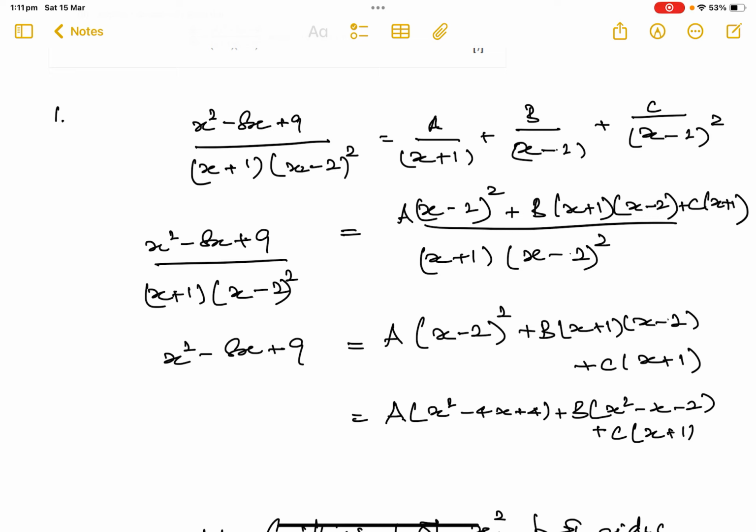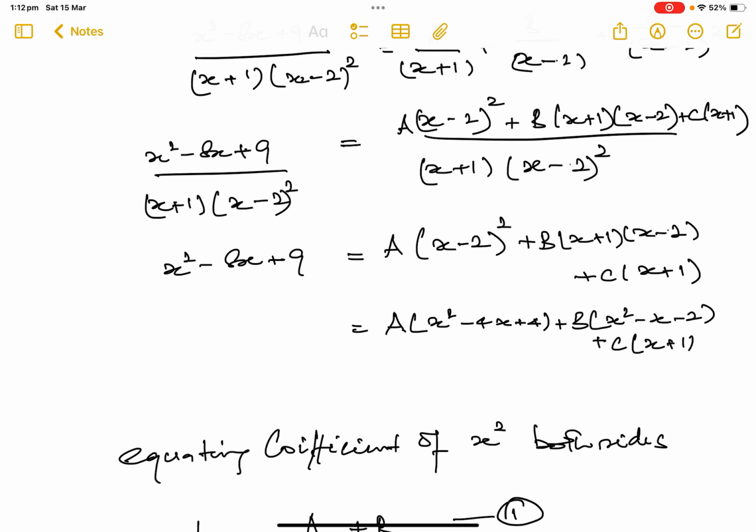So simplified, A times (x minus 2) squared, since the LCM divided by (x plus 1) gives (x minus 2) squared, plus B times (x plus 1)(x minus 2), since the LCM divided by (x minus 2) gives that, plus C times (x plus 1). The denominators on both sides are equal, so we cancel them.